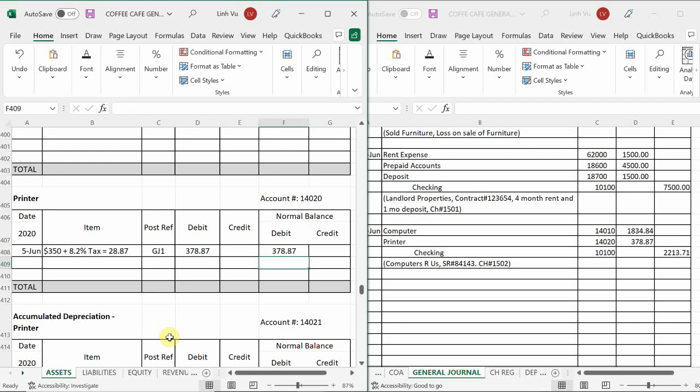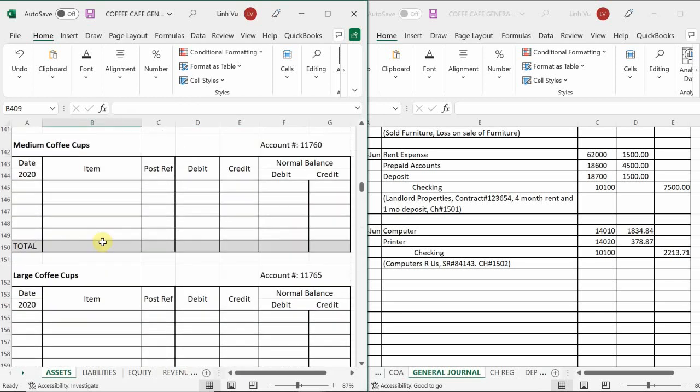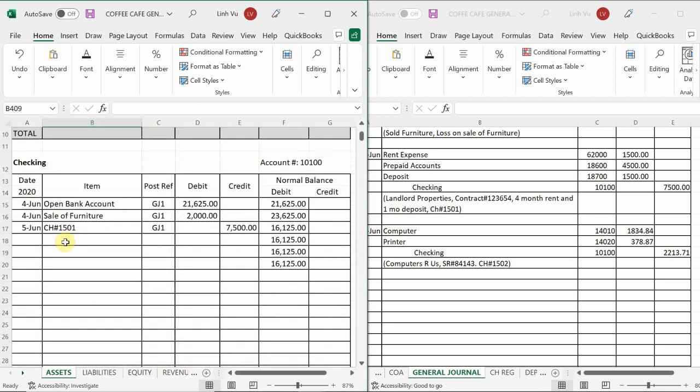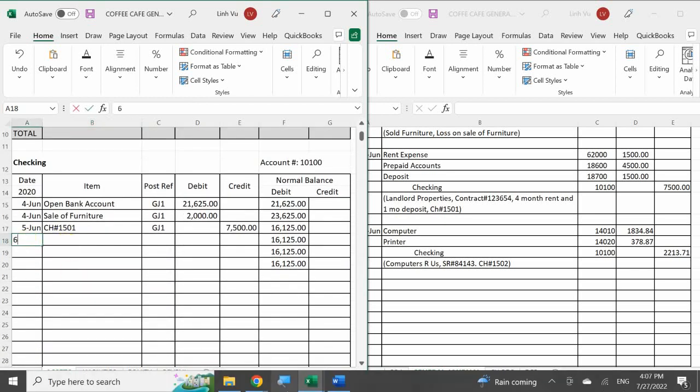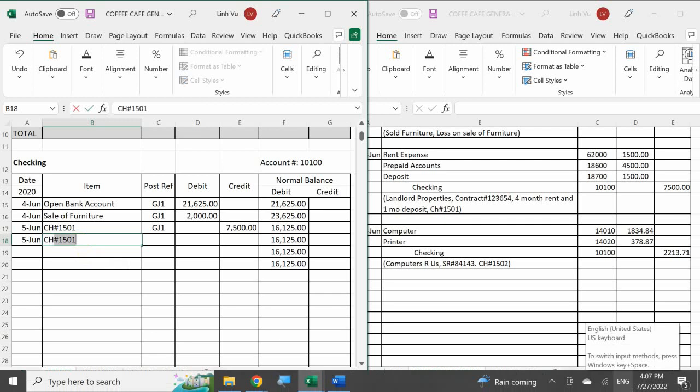Okay, all right. And then let's go ahead and finish up my last entry here, which is my checking account. Now I can confirm that I paid Computers R Us for my computer system. Like I mentioned before, you can just simply add in your check number 1502.